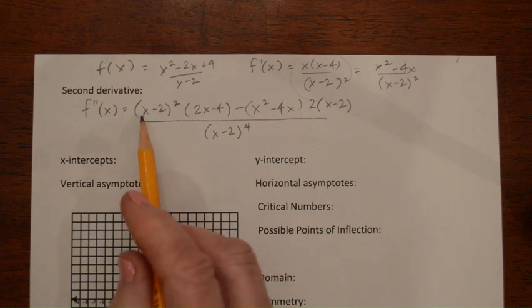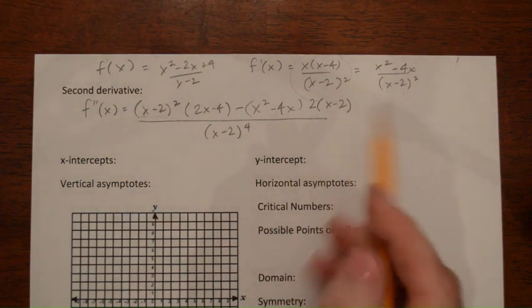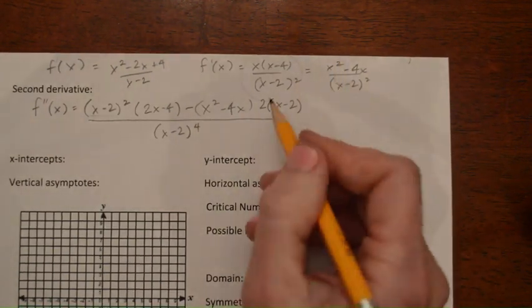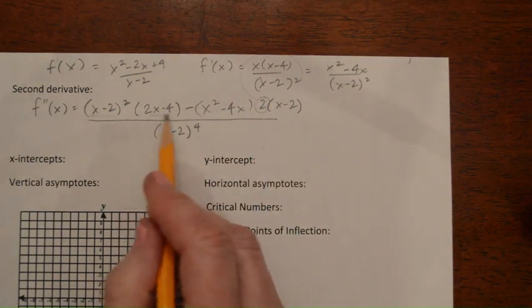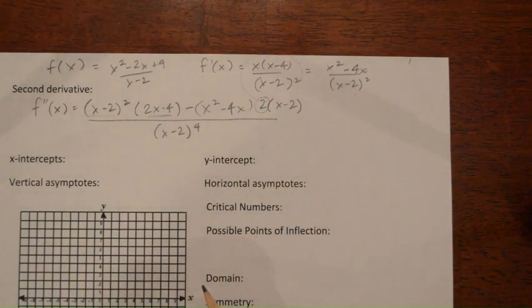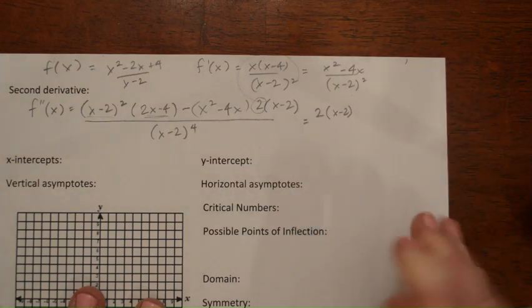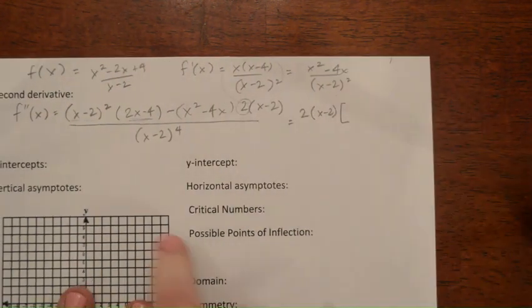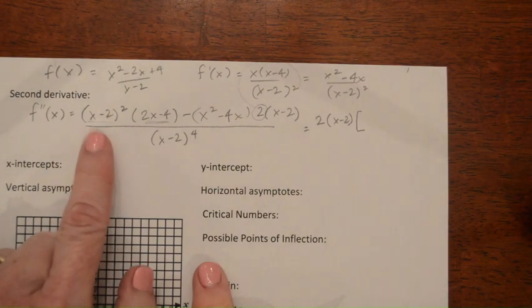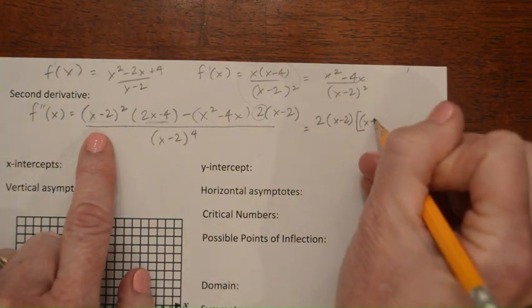Both of them have an x minus 2 in it, and both of them have a 2. This one's obvious. This also has a 2 in it, so I'm going to take a 2 out of there. So we'll end up taking a 2 times x minus 2 out. It's going to be smushy. One of the x minus 2's will be left here.